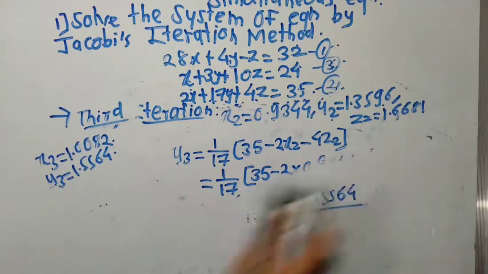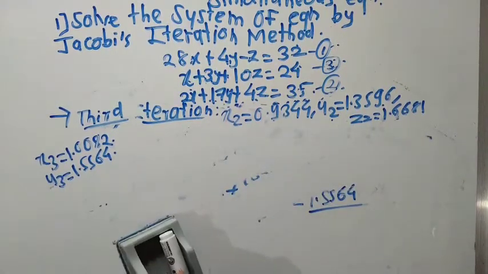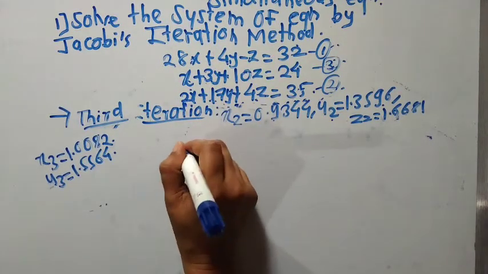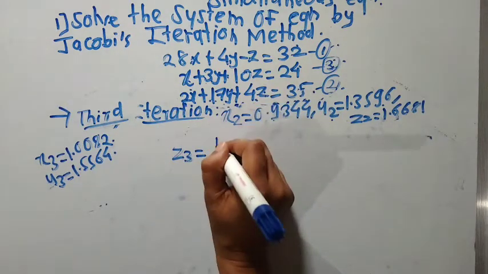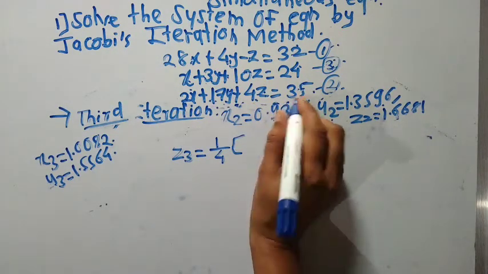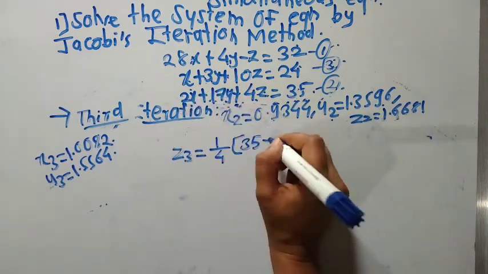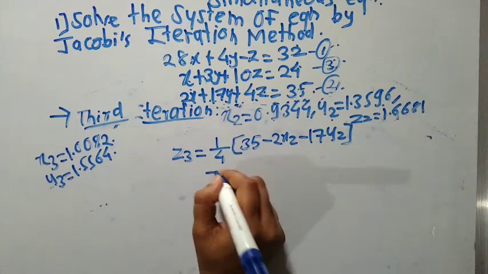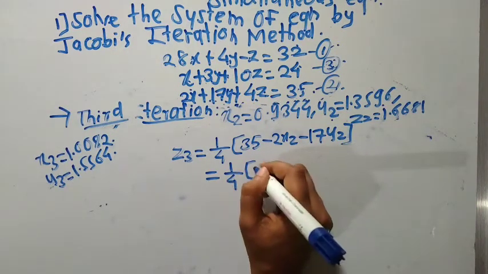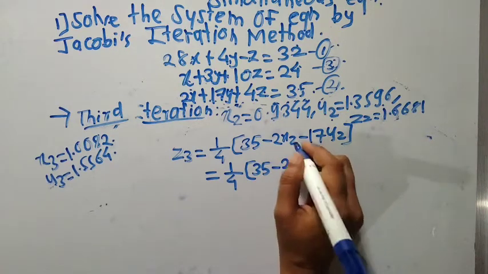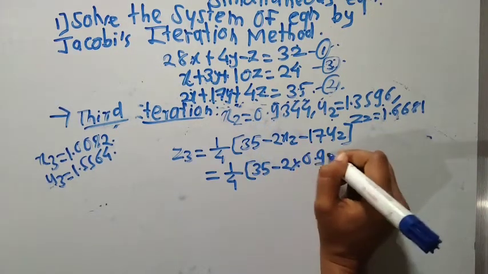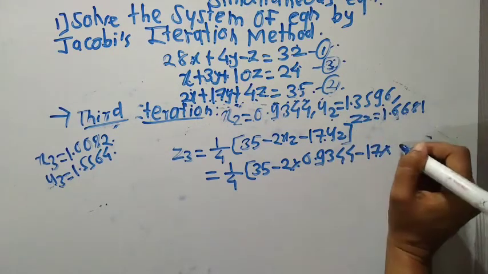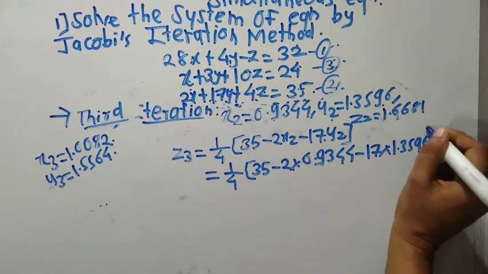Then find out the third iteration, which is z3. So z3 is equal to 1 divided by 4, 35 minus 2x2 minus 17y2, which is equal to 1 divided by 4, 35 minus 2x2, which is 0.9344, minus 17 into y2, which is 1.3596.